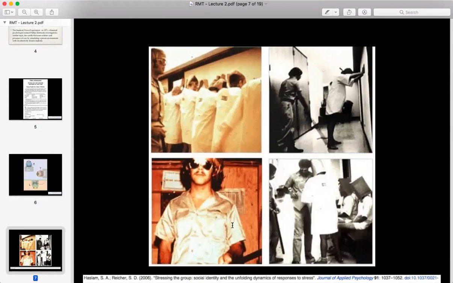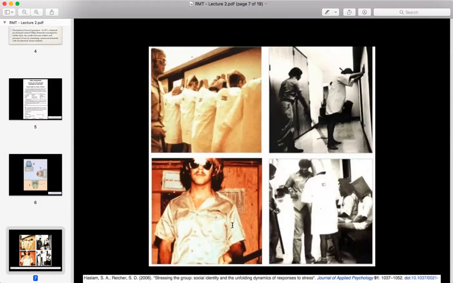The guards were given uniforms and sunglasses, and the prisoners were given shabby smocks, and they were told to act out this role-playing scene where half of the students are prisoners being kept in the basement for a certain period of time, and the other half are guards guarding them.